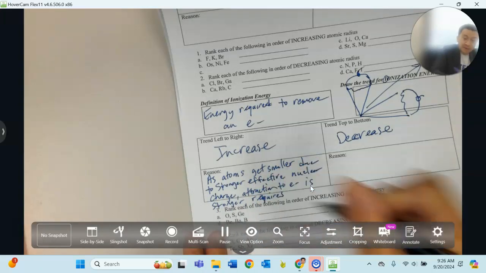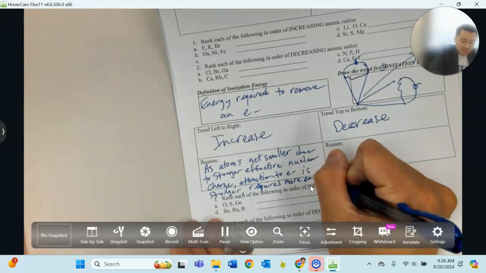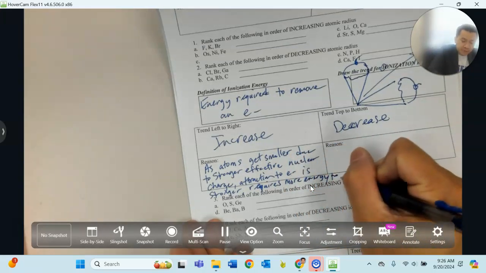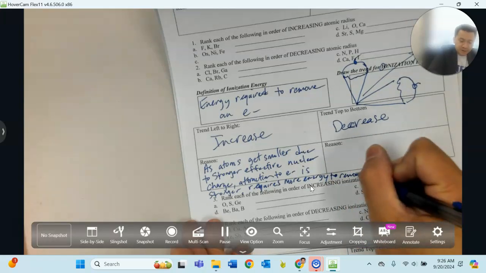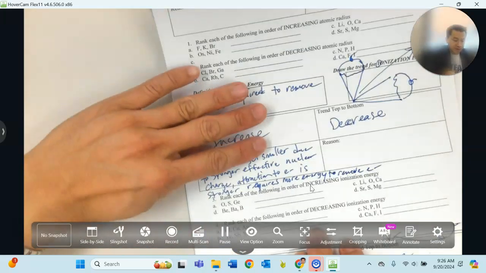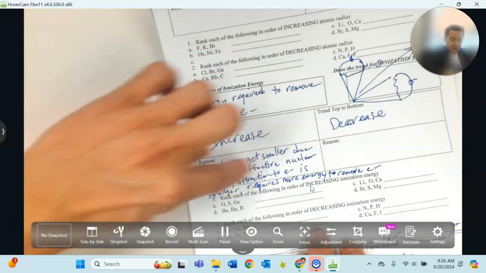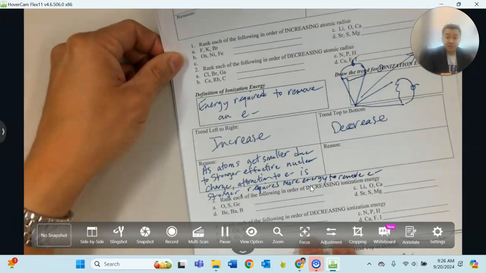I'm sorry, my handwriting is a mess. Requires more energy to remove the electron. Okay, you could summarize that a little more if you want. Like the first part, you can put stronger effective nuclear charge, attraction to electron is stronger, therefore it requires more energy to remove that electron.